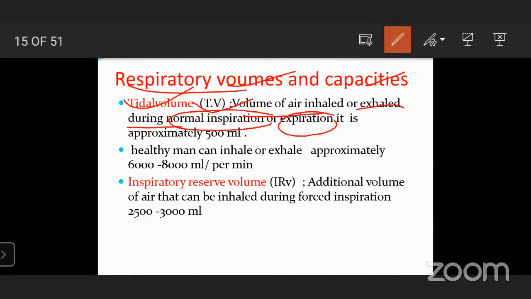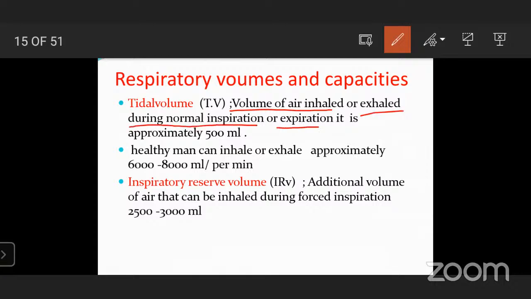That is called the tidal volume. It is approximately 500 ml.